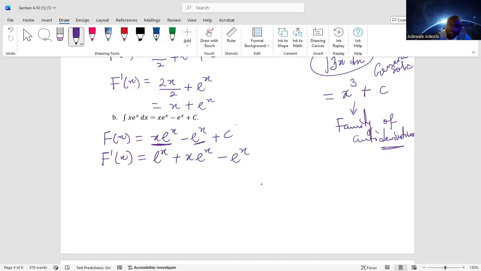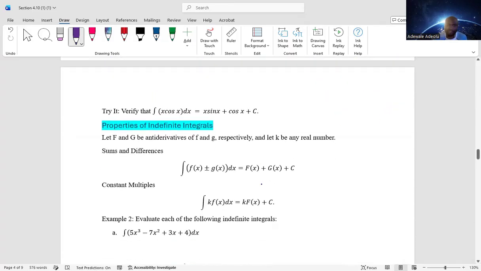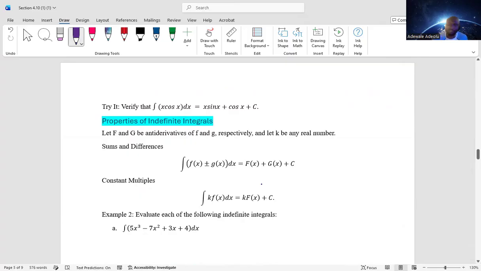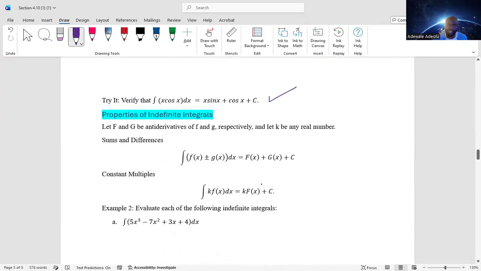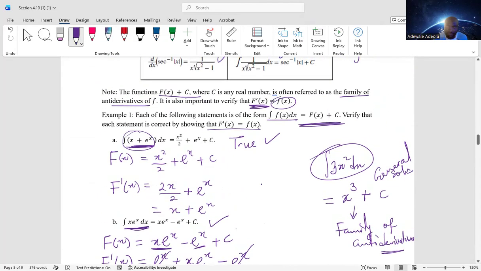The derivative of c is 0. So this takes care of that, and I will have x e to the x, which is the same thing we have over there. So truly, this is the antiderivative of that function, x e to the x. I will just leave you to verify this one.